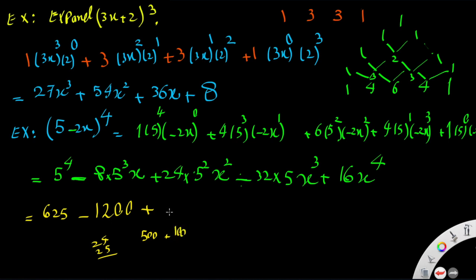It would be 600. 600 x squared minus 160 x cubed plus 16 x to the power of 4.